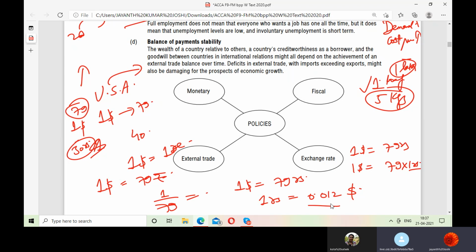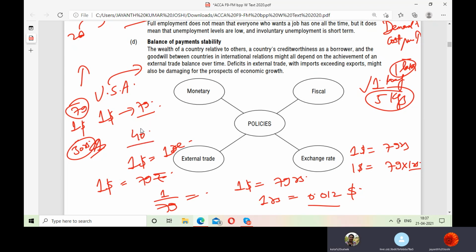No. US imports are very costly for us, but Indian exports are cheaper for the United States. What they buy in the United States for $1, they can buy two things. If they are paying $1 for one burger in the United States, which costs them 79, and they buy it from India, for example, at what price are they getting it? Half the price?